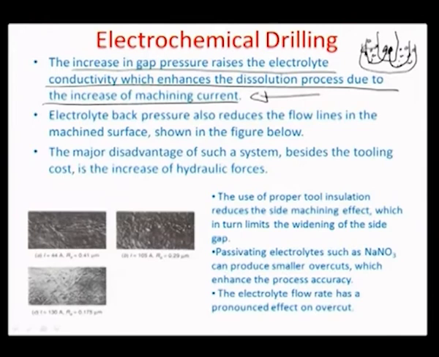Generally what people have found is that this electrolyte back pressure would reduce the flow lines which otherwise appear on a machined surface. For example, have a look at the surfaces here, which are products of electrochemical drilling. Varied levels of surface roughness are achieved because of the different current values used.